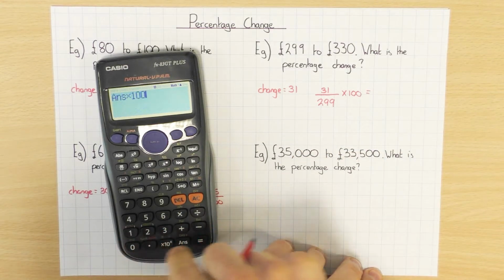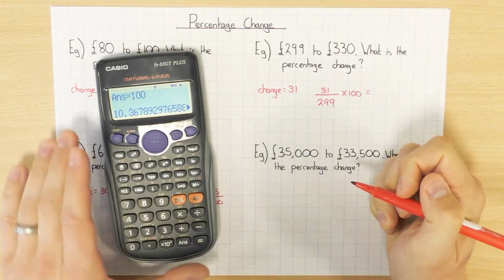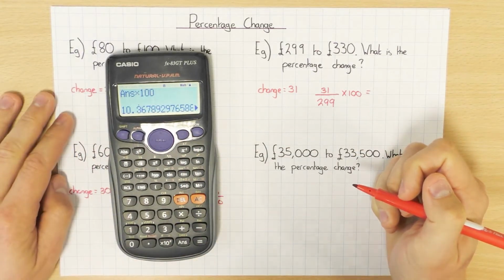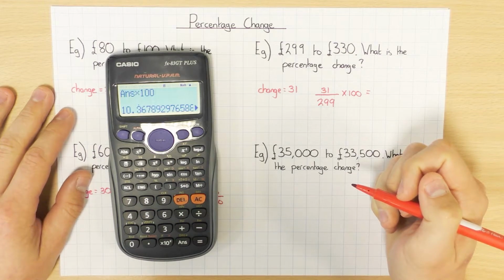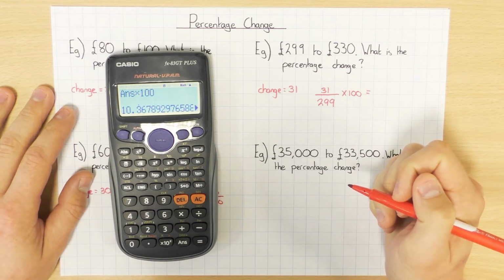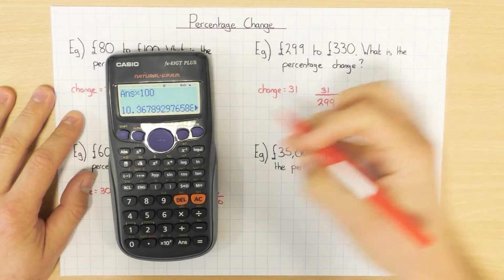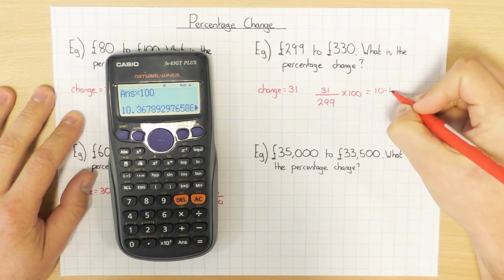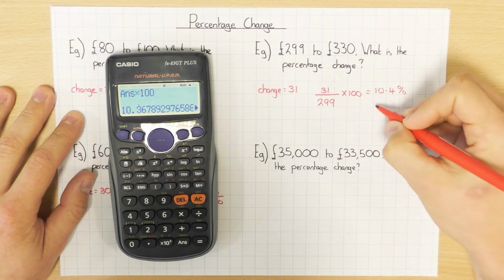I'm going to do that now, times by 100, and press the SD button again, and I get this long number here. The question will probably say round to 1 or 2 decimal places or the nearest percentage or something like that. I'm going to go with 1 decimal place, in which case that will be 10.4%, and again it's an increase.